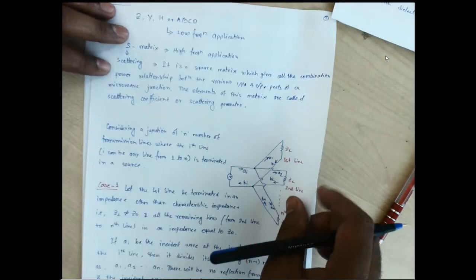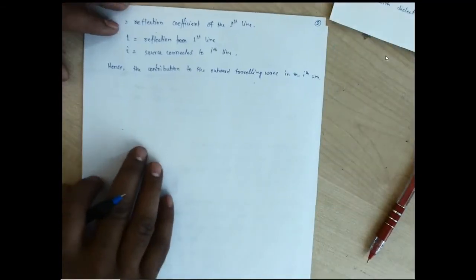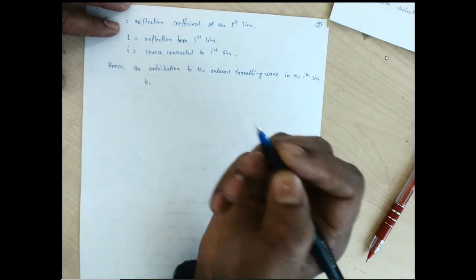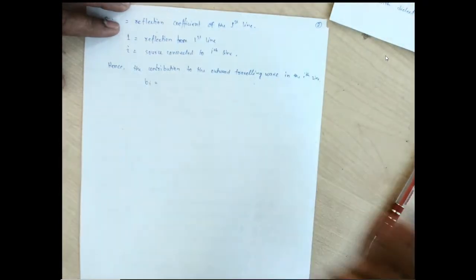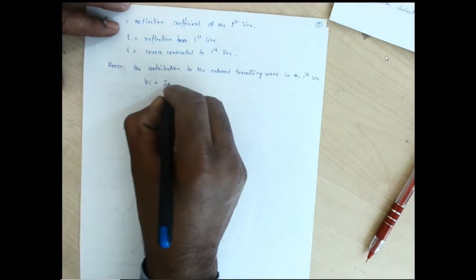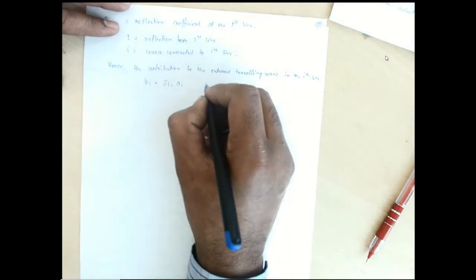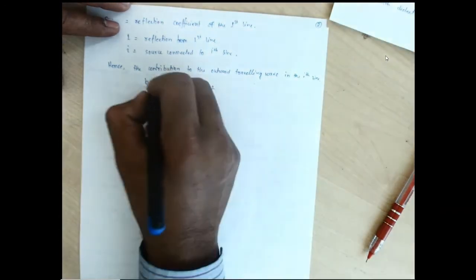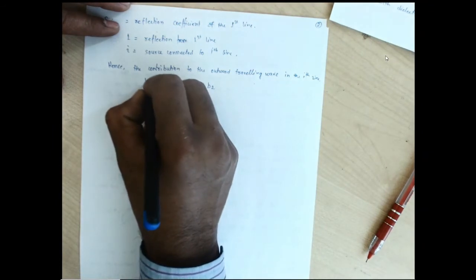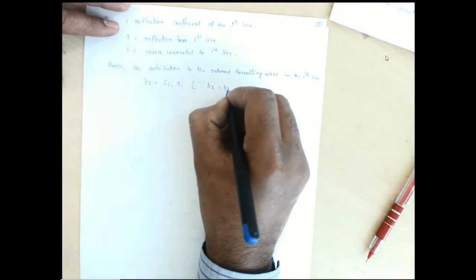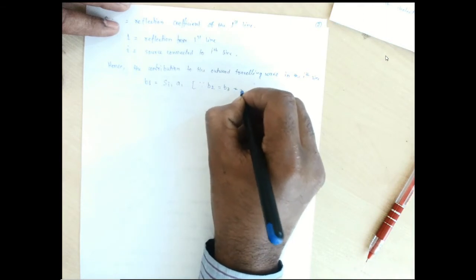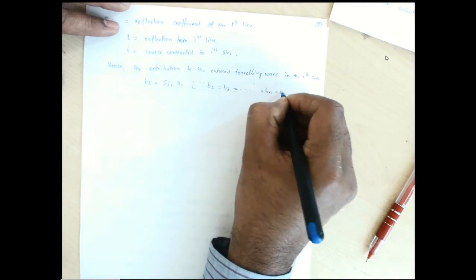So this contribution can be written as Bi, the total reflected back signal, that is S_i1 into A1, since B2 equals B3 up to Bn are 0, right?